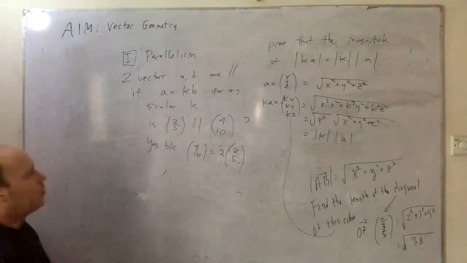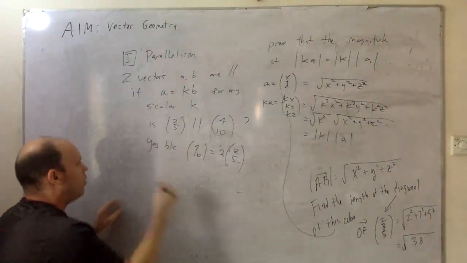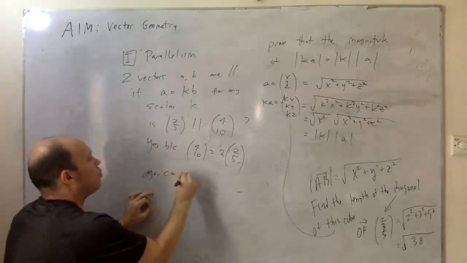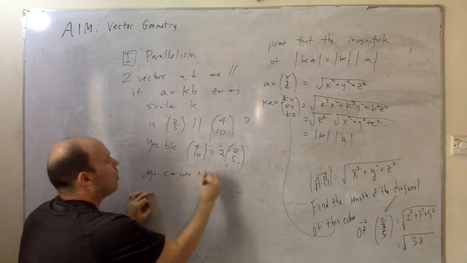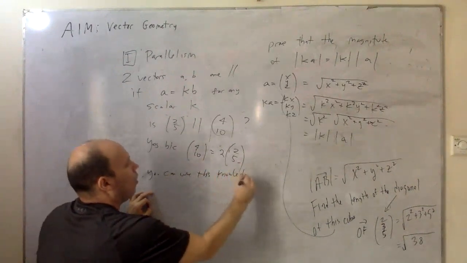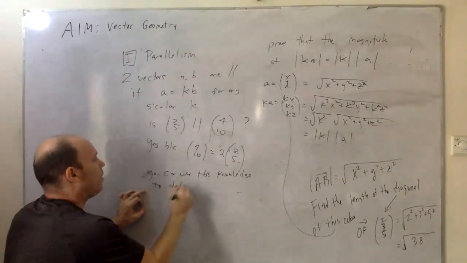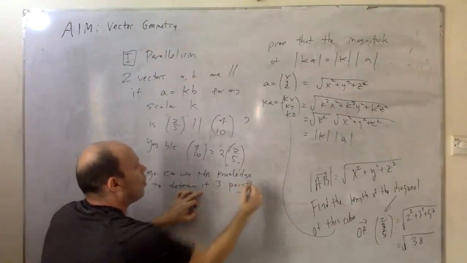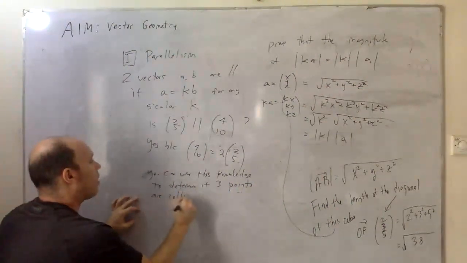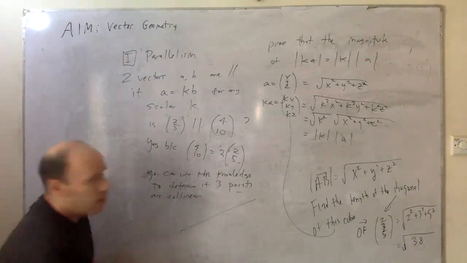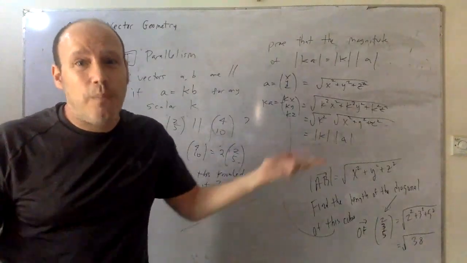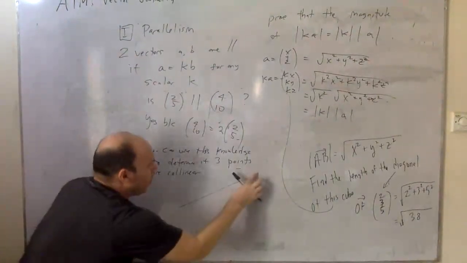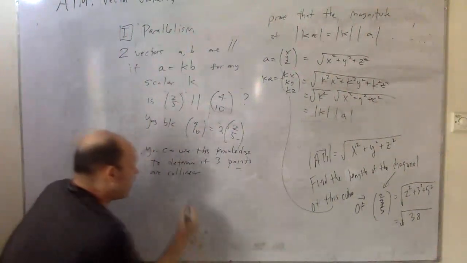So you can use this knowledge to determine if 3 points are collinear. So you have 3 points. Once again, now we're not only in 2 space, but we could also think about this in 3 space. So for example, any examples?